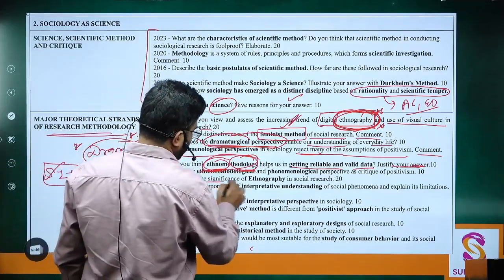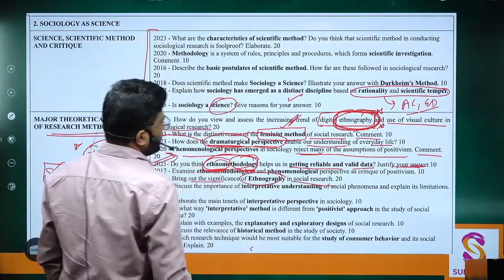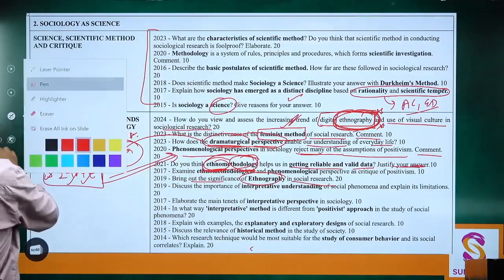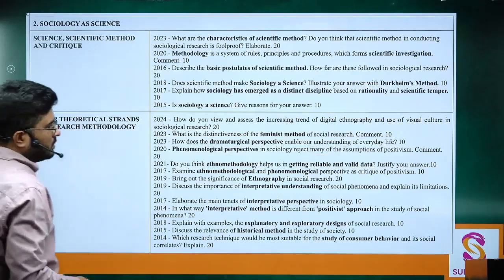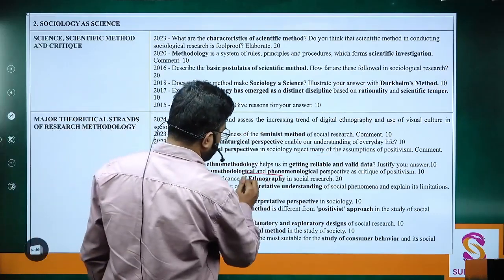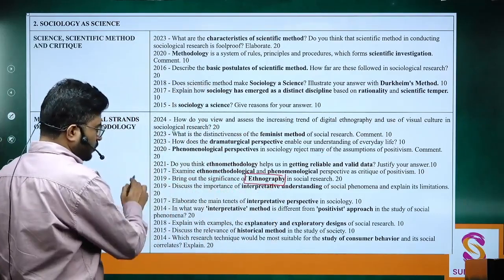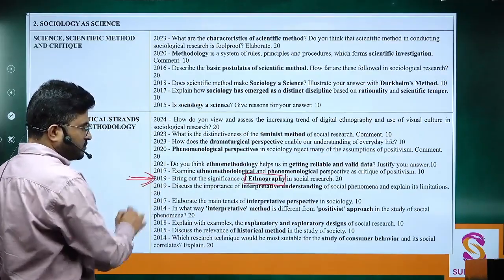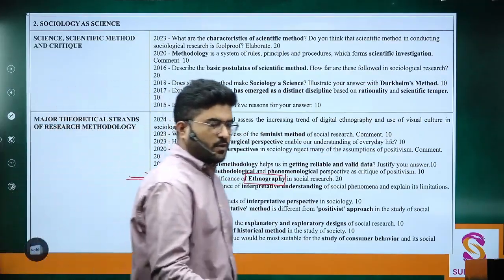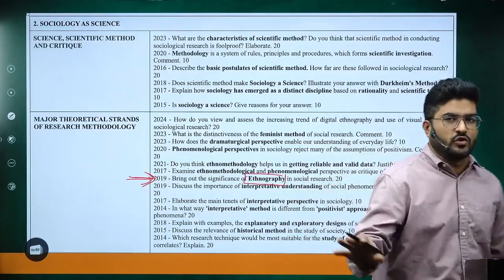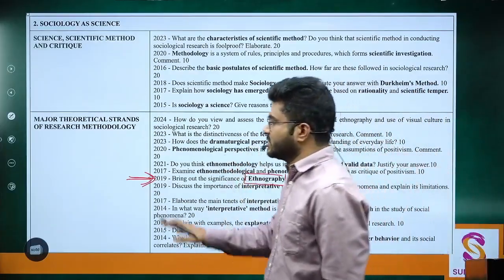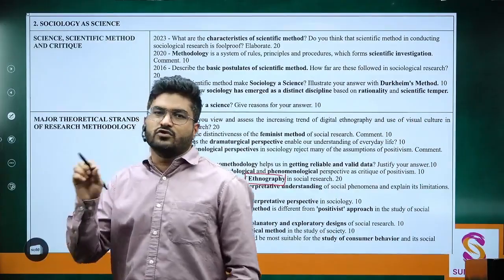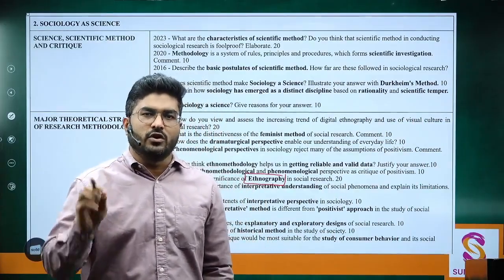Then, bring out the significance of ethnography in social research. So for the students who say digital ethnography is new, look at this 2019 question. If you had done your PYQs, which I always focus upon, you would know that if you want to clear sociology with good numbers, with 300 plus, you have to focus on PYQs. You have to give importance to PYQs.